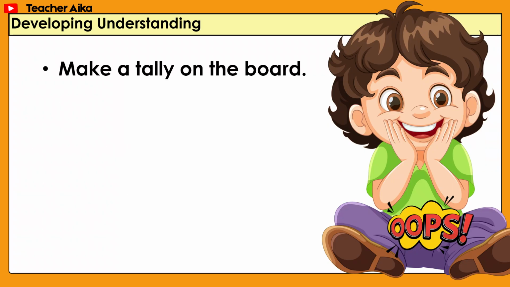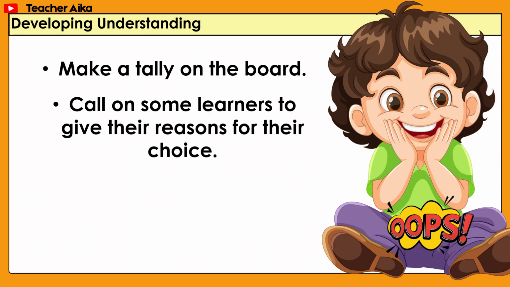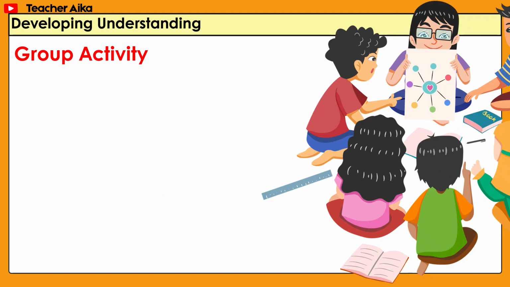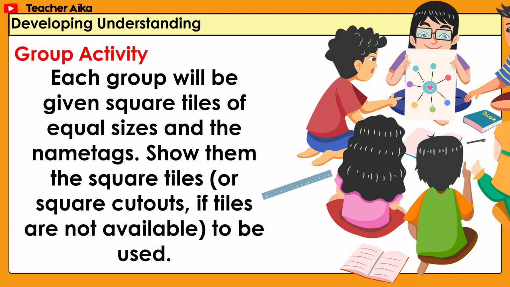Now, make a tally on the board. Call on some learners to give their reasons for their choice. Can you suggest ways to compare the sizes of the cardboards? Group activity. Each group will be given square tiles of equal sizes and the name tags.